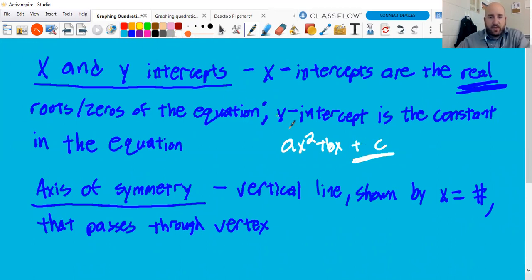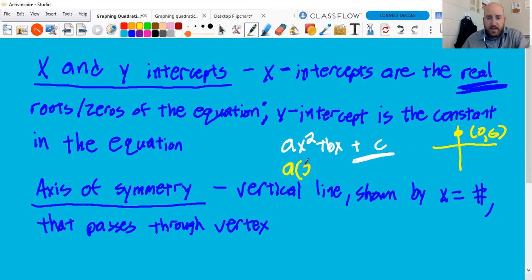Again, why is that the case? Well, think about my y-intercept. Let's say it's up here at, I know it's kind of a small graph, but let's say it's at 0, 6. So my x value is 0.